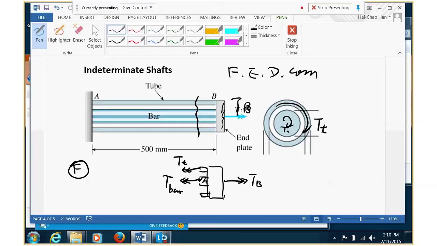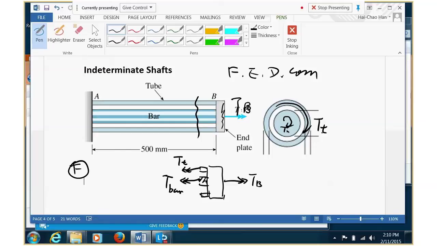How do you interpret a torque? A torque is basically a moment that you apply to generate a twist along this direction. So there's no center issue there. It's just that this torque is applied on the cylinder. As a whole cylinder, you're applying a total torque.